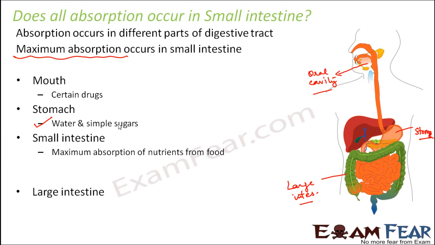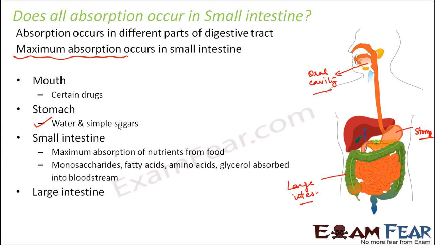Small intestine: maximum absorption of nutrients. Whether you talk about simple sugars or the fatty acids or the amino acids or glycerol, everything gets absorbed into the bloodstream in the small intestine. So all the nutrients get absorbed here. Large intestine: water and some minerals. So as I said, water is something which can be absorbed by means of osmosis in other regions as well.